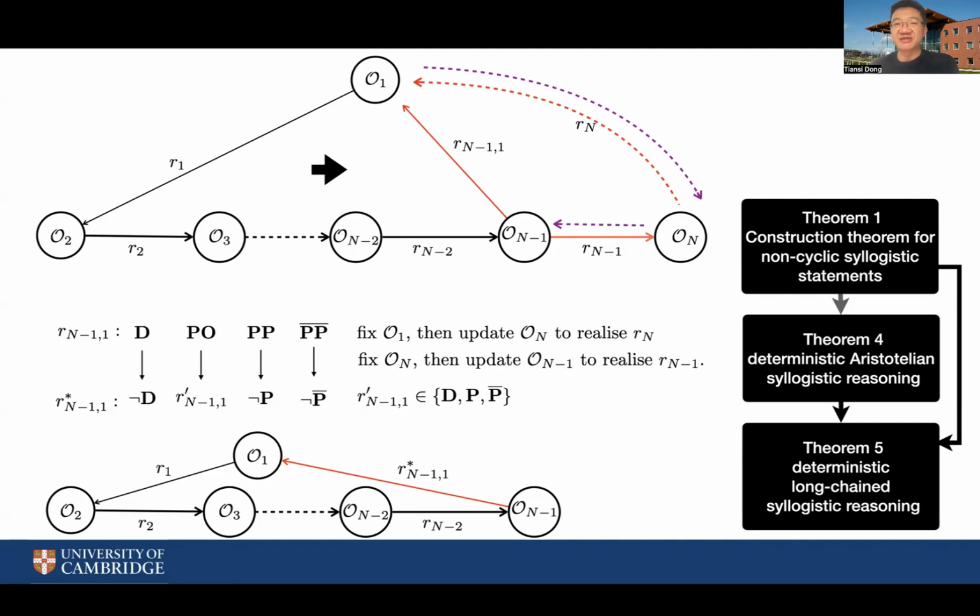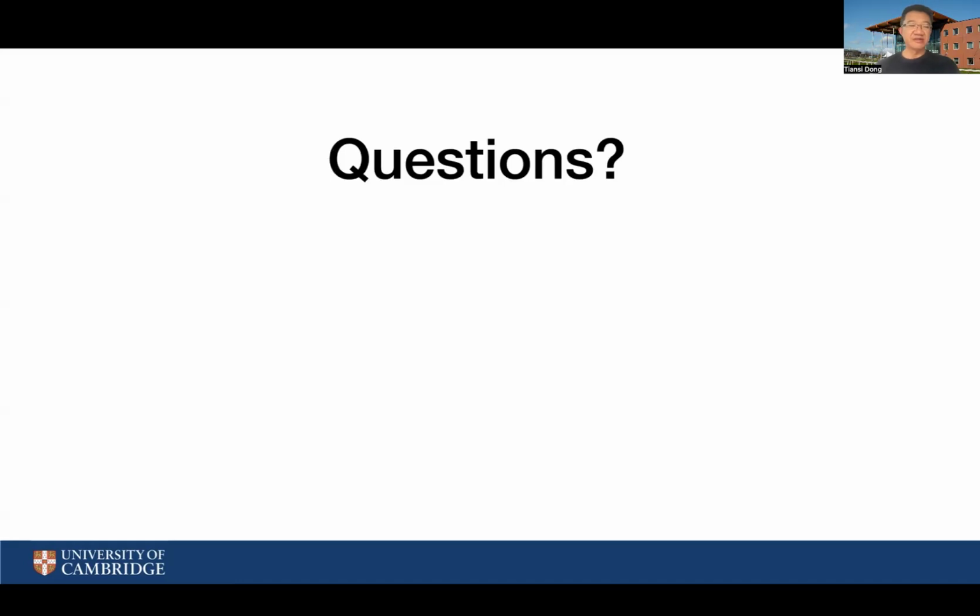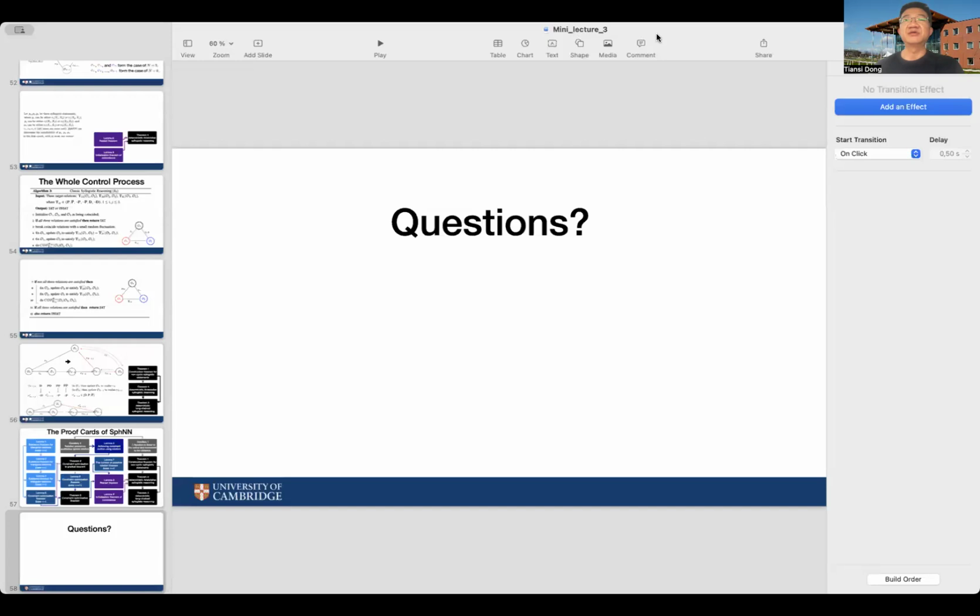Then the complexity is proportional to the number of terms. So we can look at the proof, which guarantees the network reaches the symbolic level of syllogistic reasoning for long-chain syllogistic reasoning. Any questions? Let me stop recording and then you can ask questions.